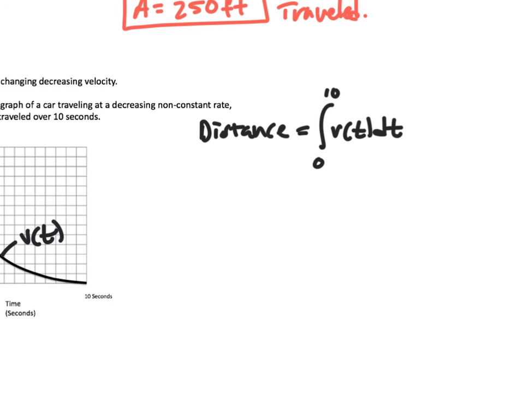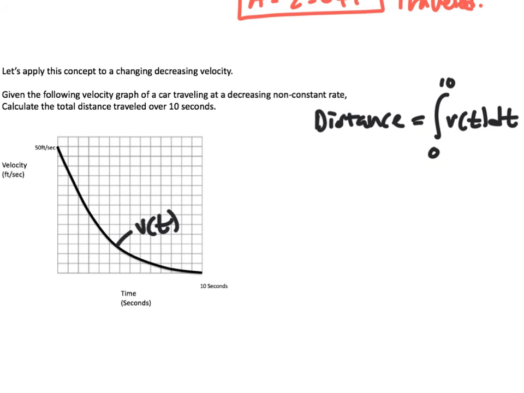And this is going to be an exact distance. But we've got a problem: we don't currently have any method that allows us to calculate the area under the curve. However, what we can do is approximate this.